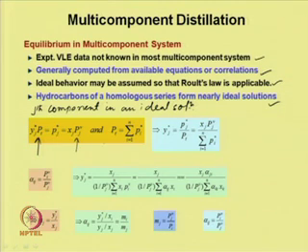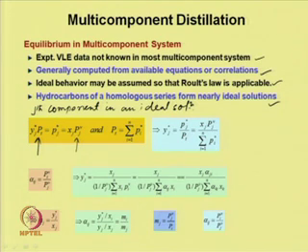Then P t for n components will be summation over i is equal to 1 to n of p i star. So, that is the total pressure. The vapor pressures of the components in the mixture are known at a given temperature.